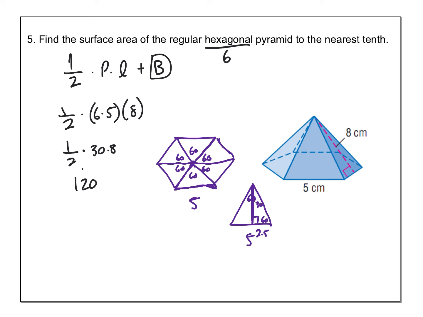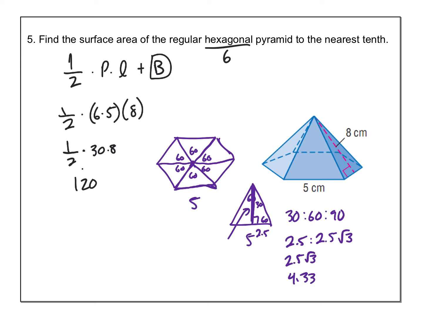Then I could do trig, or I could do 30, 60, 90. If I do 30, 60, 90, short side is 2.5, middle side is 2.5 times square root of 3, which is what I'm looking for. Okay, I'm looking for this middle side. So 2.5 times square root of 3 is 4.33.